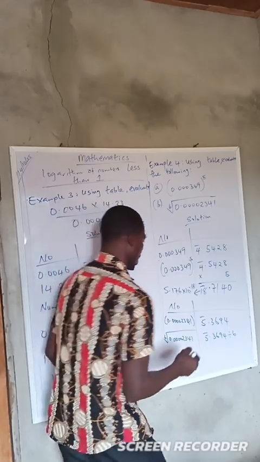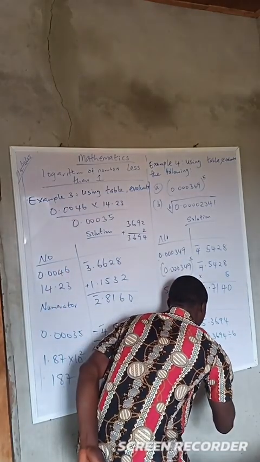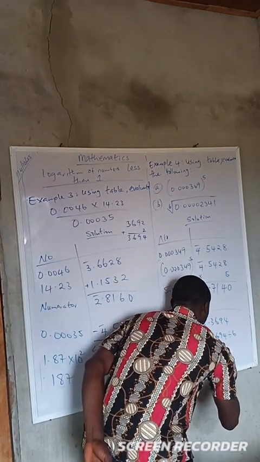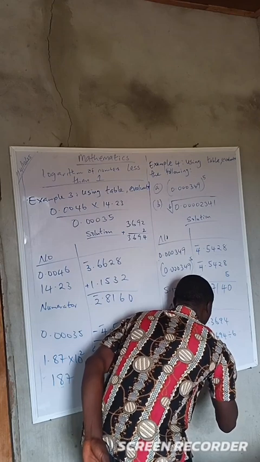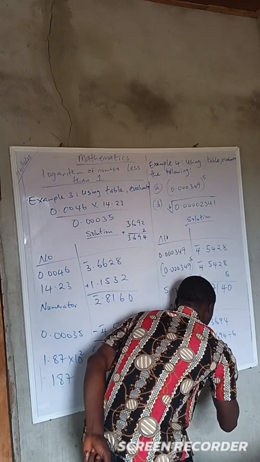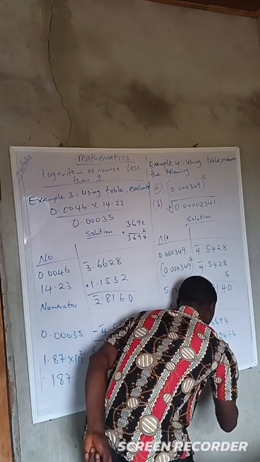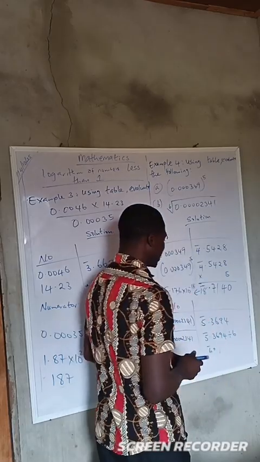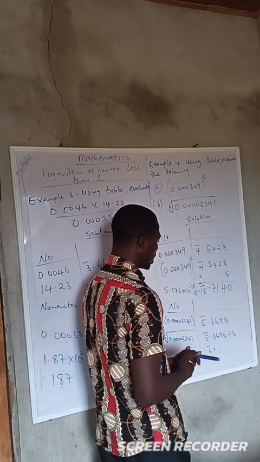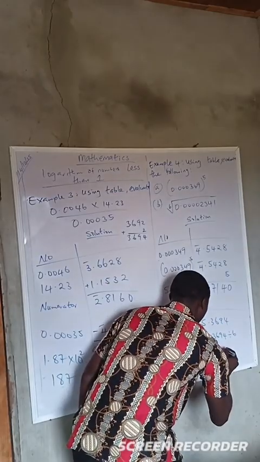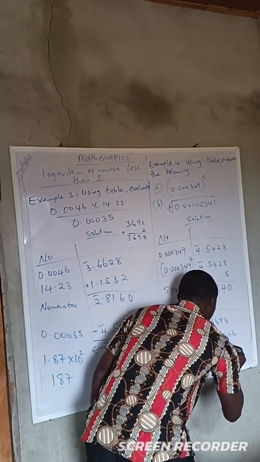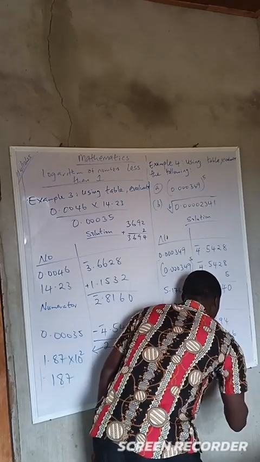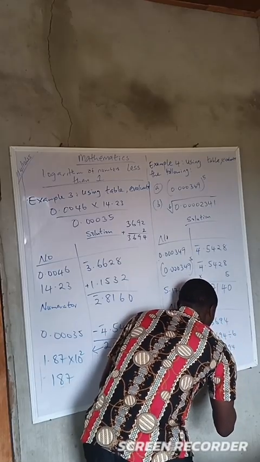So this can be the same thing as bar 6 point, plus what can you add to this bar 6 to make it bar 5? Is 1. So plus 1.3694 divided by 6.